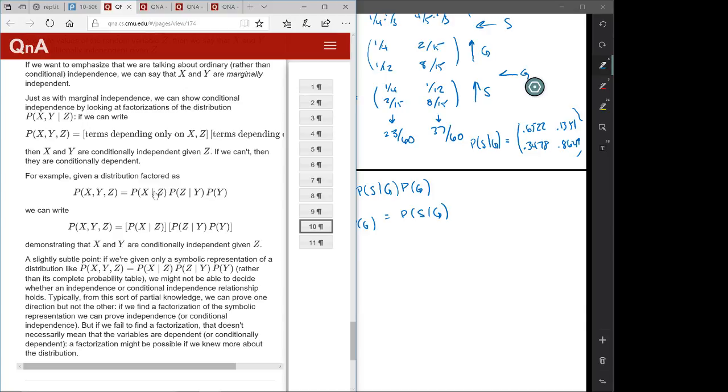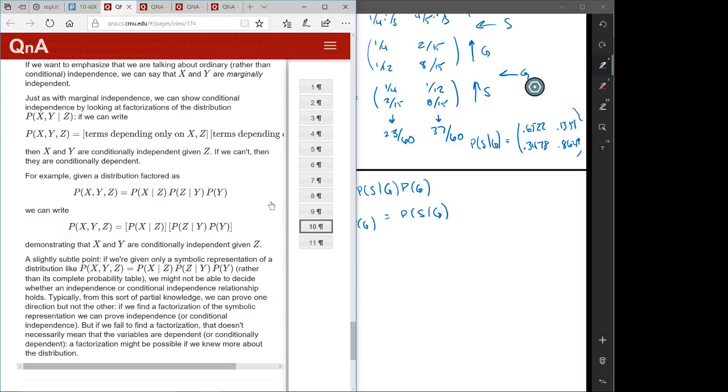And that trick, being able to show conditional independence given a symbolic expression for the distribution, turns out to be really useful because it lets you make minimal assumptions about your distribution, just the factored form that you're going to use to represent it, and then say something about what's going to be independent of what in the resulting distribution.